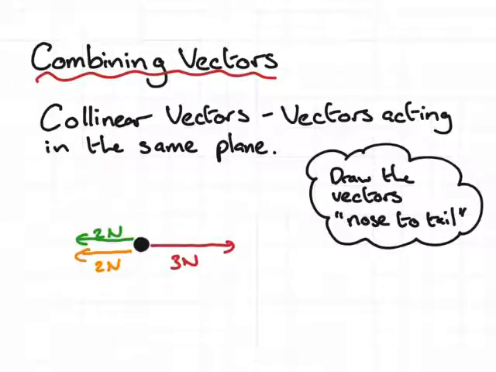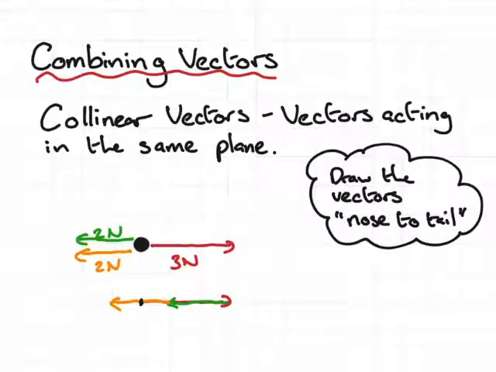If we look at a scenario which involves 3 vectors, you can see there's 2 newtons acting to the left and 3 newtons acting to the right. If we combine the two, it should look something like this. So you can see where we started from, where we're ending up.